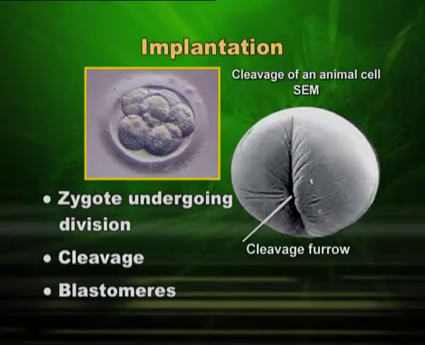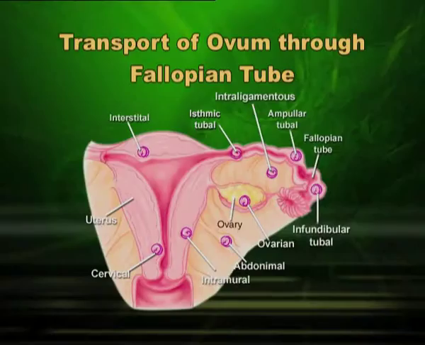So, you know about cleavage and also about blastomeres, and this automatically begins after fertilization. The motion is set into the fertilized egg. You can see transport of the ovum, in this case the fertilized egg, in the fallopian tube.